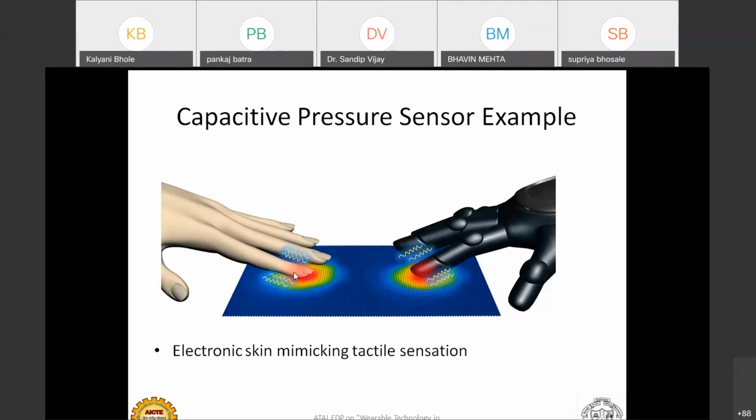You can see one person has touched from one side, and on the other side you can see a robotic hand. You can see that person's touch is mimicked or replicated by this robotic hand.